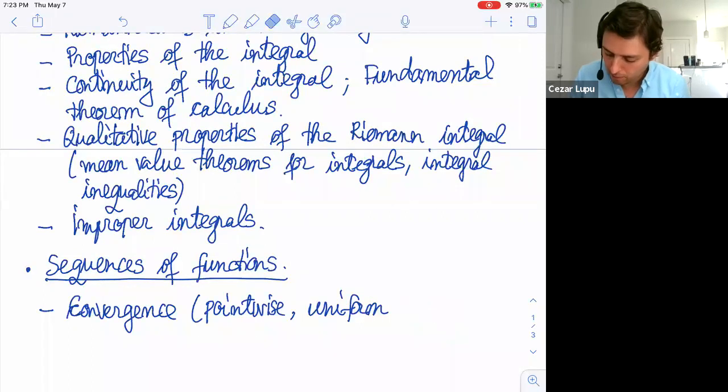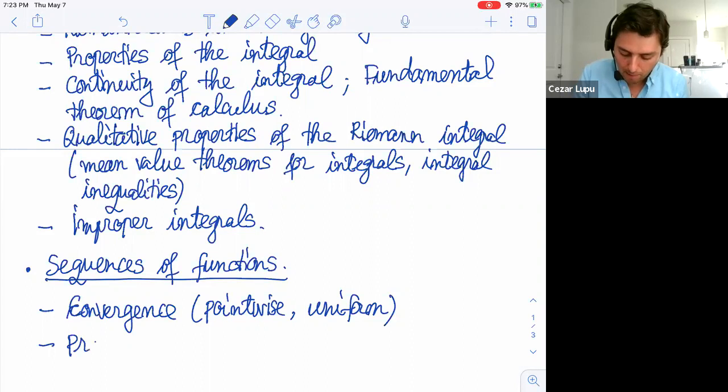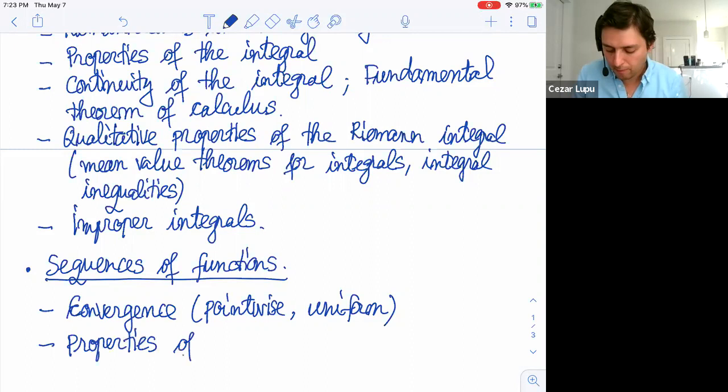Anyway, pointwise and uniform. And also we've talked about properties of sequences of functions.